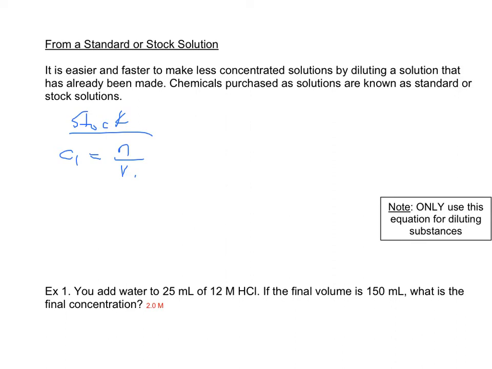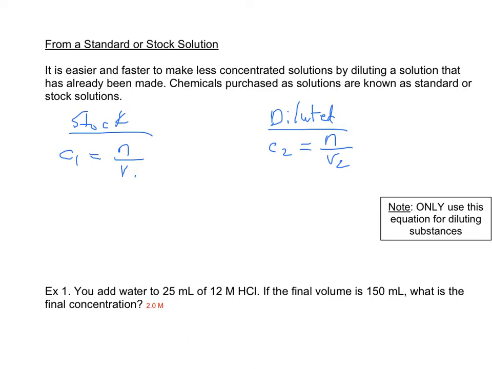The solution that we want to finish with we'll call the diluted solution. It will have a lower concentration than the stock. It will have some concentration, C2. It will equal the number of moles of solute divided by the final volume of diluted solution, V2.